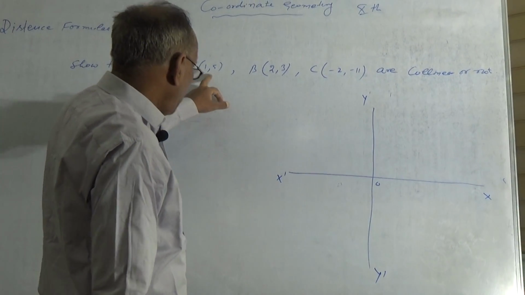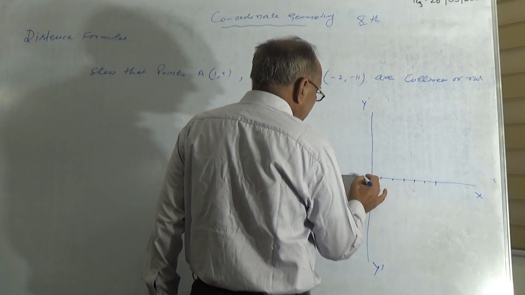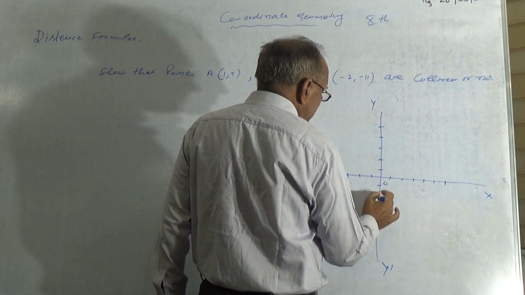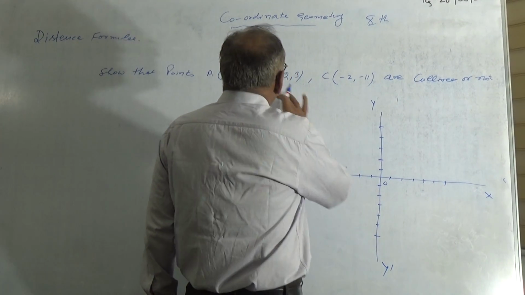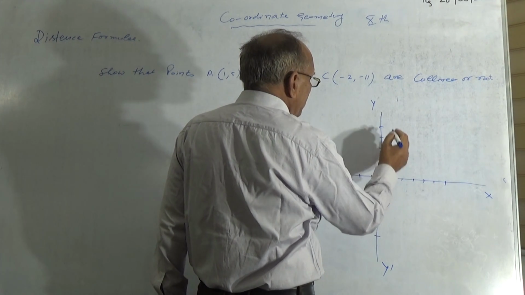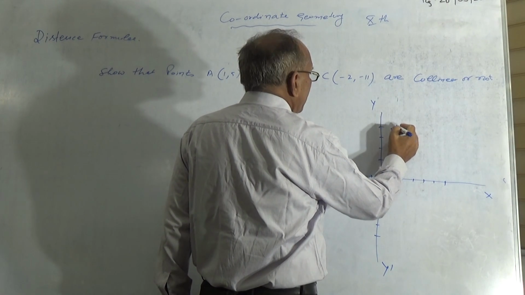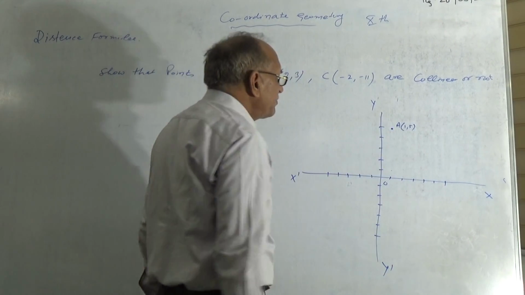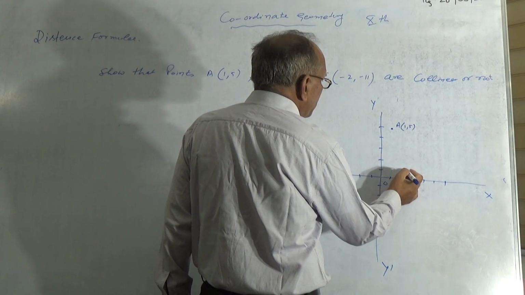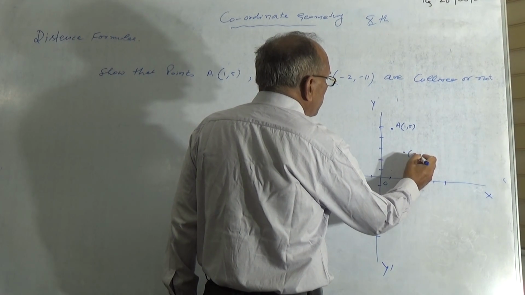Firstly, we take equal points on the x-axis and y-axis. For A, the value of x is 1 and the value of y is 5, so the point A is (1, 5). Next, B is (2, 3).